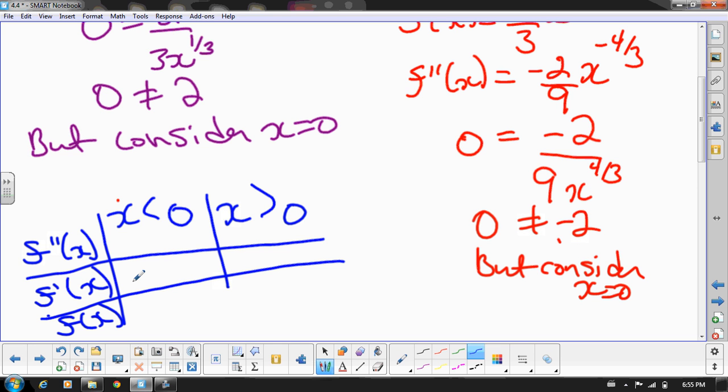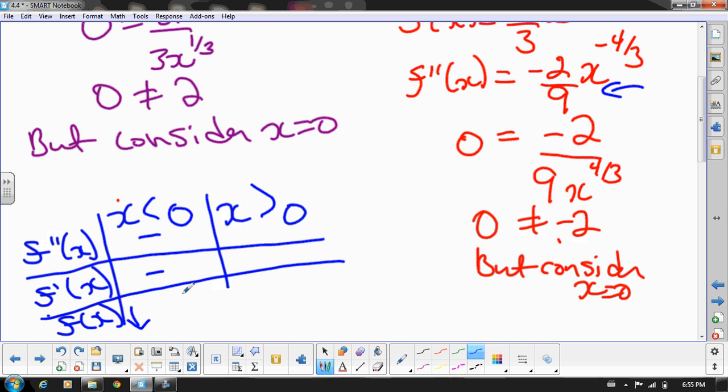Okay, so first derivative was 2 over 3 x to the 1/3 in the denominator. So if I pick a negative value in the first derivative, it's negative, which means we're going to be decreasing. If I take a value that's less than 0 and substitute it into this expression right here, we are going to have a negative as well.